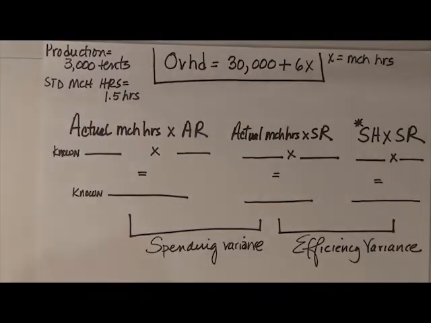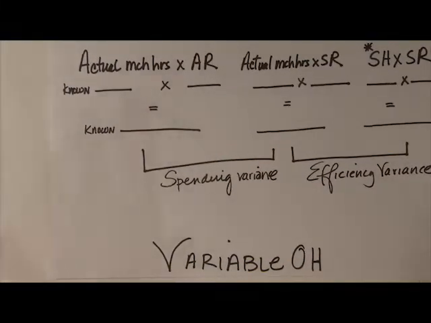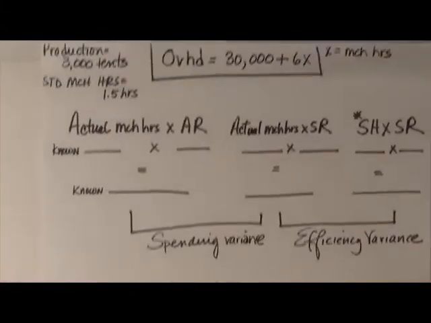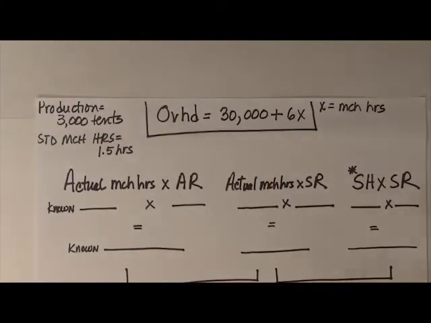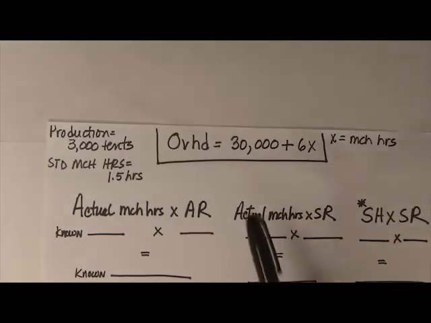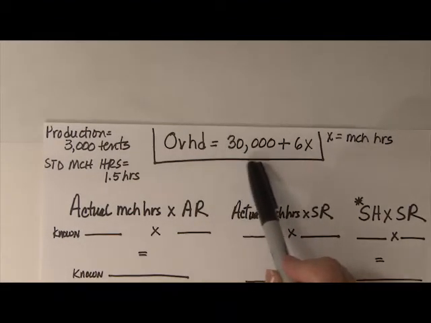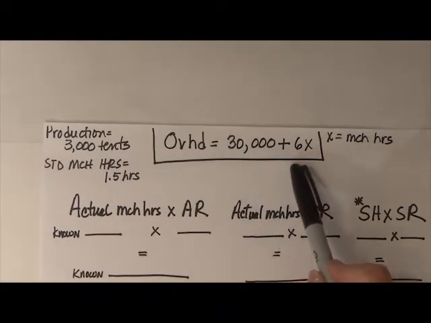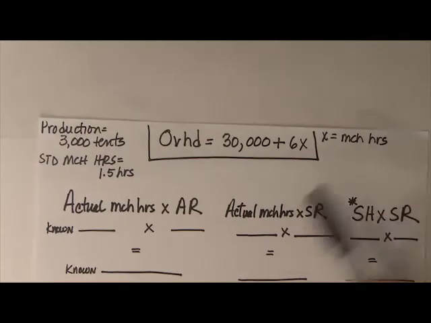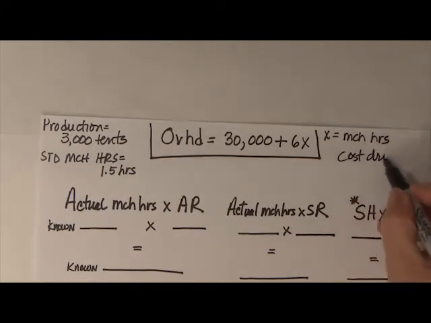We're going to look first again at the variable overhead variances. So just think in terms of variable. Think in terms of perhaps that security guard's wages. This company produces tents, and their overhead cost formula is $30,000 of fixed plus $6 times every machine hour. So machine hour is what we would call the cost driver.